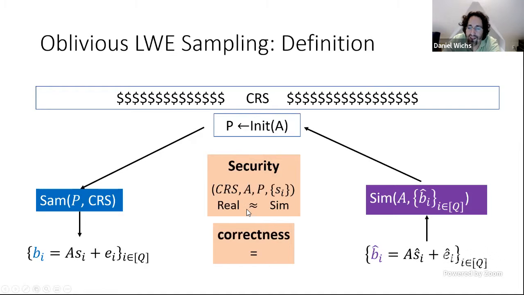You still cannot tell whether these were generated from the real distribution, where CRS is chosen randomly and P is computed this way, versus the simulated one, where the simulator gets these random LWE tuples as targets and has to program these values. Daniel, how short is P? Just independent of Q. Any polynomial, but it shouldn't depend on Q. I think we can relax that a little, but we don't need to.